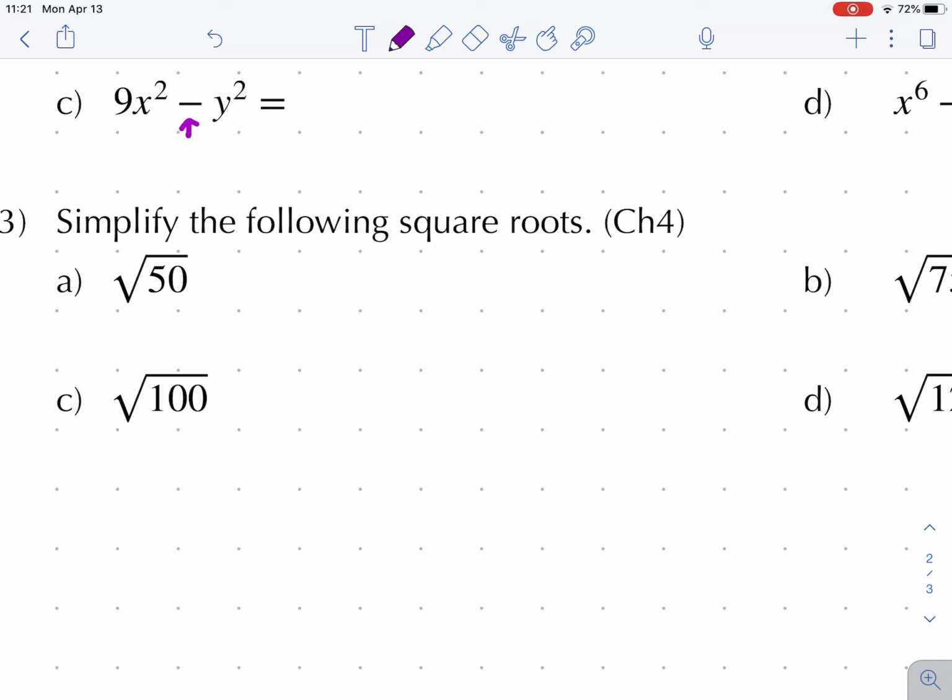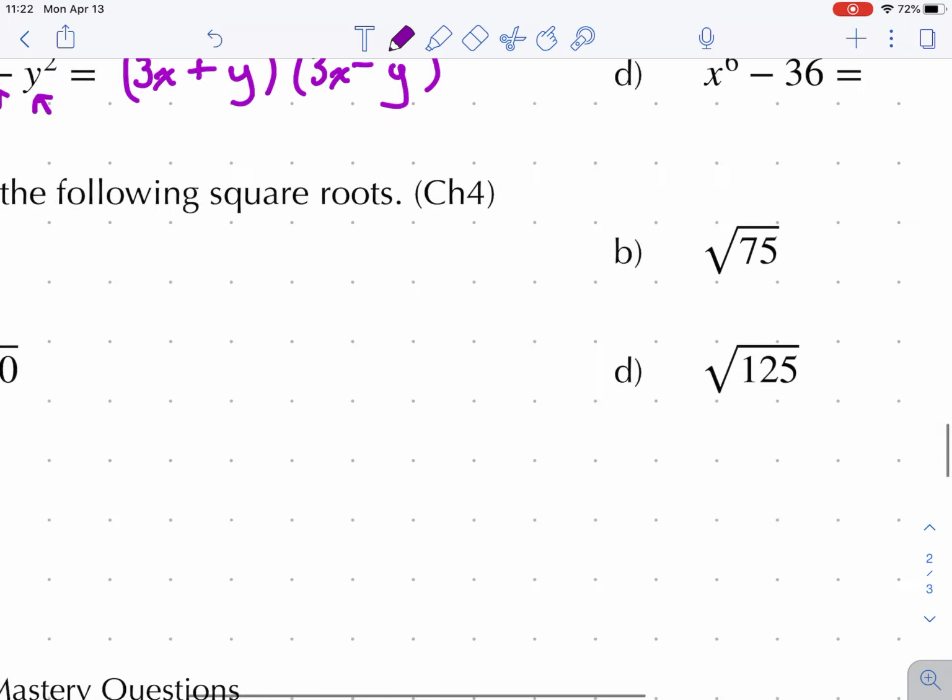Again, difference of 2 squares. So we put out our 2 binomials, plus and minus. The square root of 9x squared is 3x. The square root of y squared is y. So it'll be 3x plus y, 3x minus y.